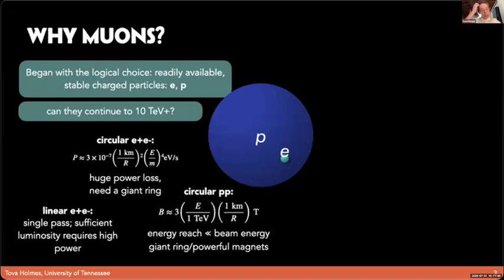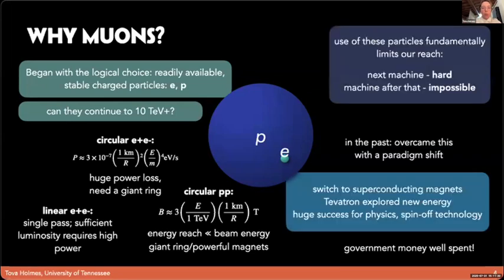And there your constraint is that you are limited in your magnet strength to curve your beam around your ring. And unfortunately, the beam energy is much smaller than the actual energy reach of the collisions because the proton is composite, which means that you really need a giant ring and powerful magnets in order to reach lower effective energies for your collisions.